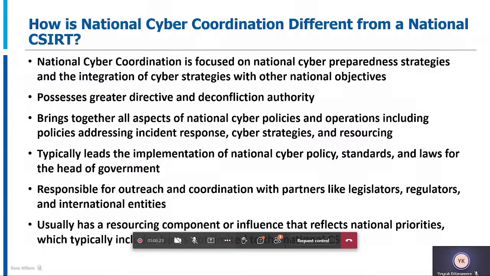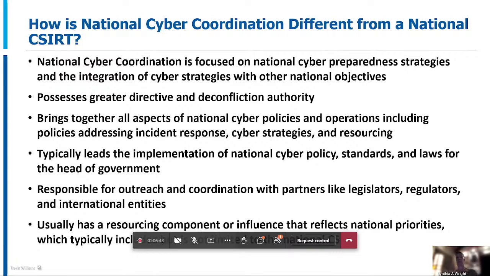So some of those things might sound a little bit like a national CSERT, but as that first slide was trying to convey, the CSERT is typically focused on the kinds of incident response and incident preparedness functions that you've already been talking about.